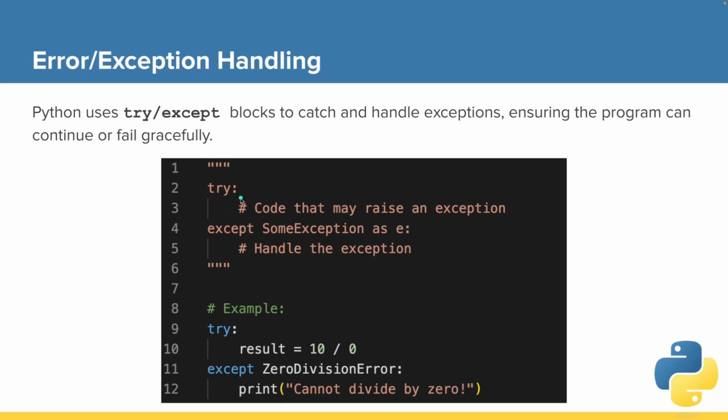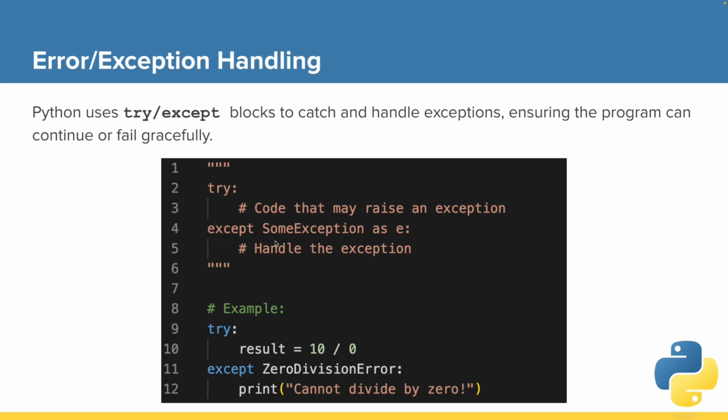So whatever's indented right under this try block will be code that may raise an exception, that we expect could raise an exception. And if this code does raise an exception, then we execute this except. Except, that's the other keyword there.